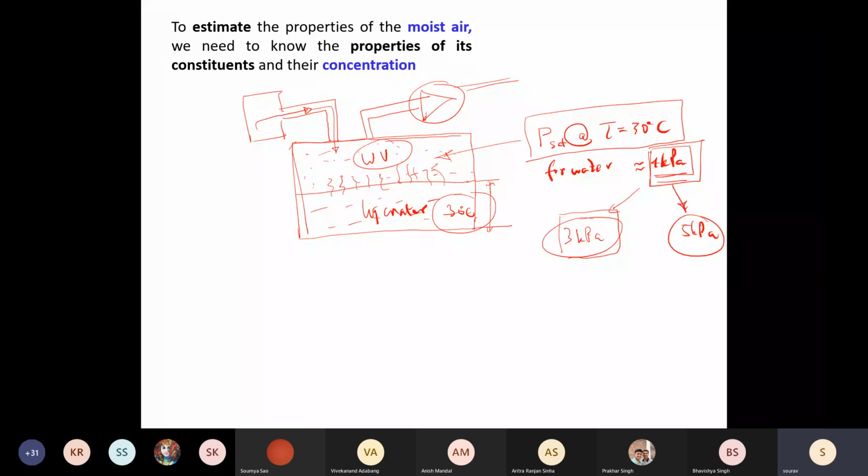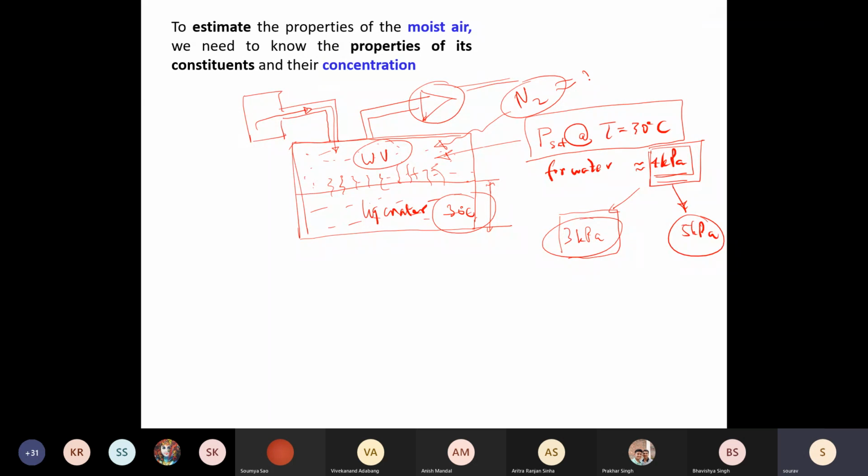Now, will this phenomena change if I introduce a non-condensable gas? That's why the term non-condensable is very important. It will not condense during this entire process. So I introduce some nitrogen into this container. Let's say I introduce the number of moles of nitrogen required to increase the pressure from 4 kPa to 100 kPa.